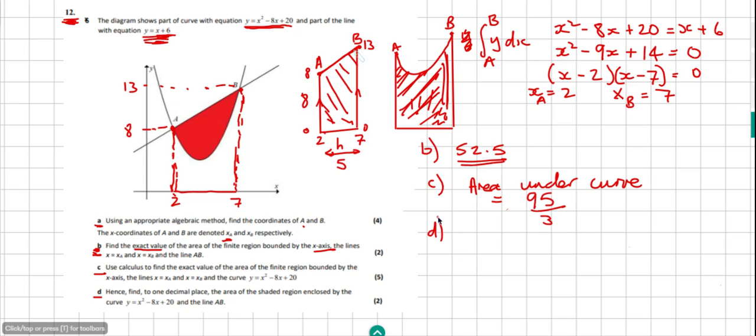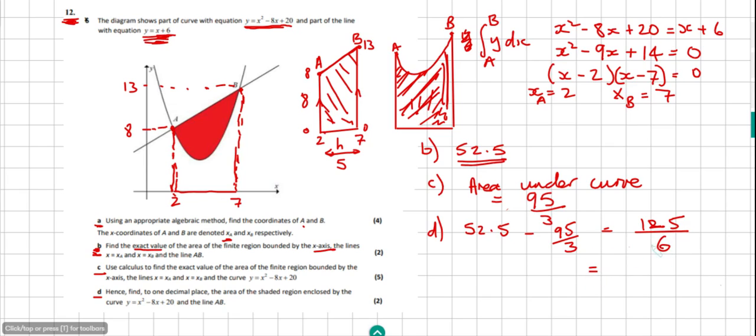So we've got the area under the trapezium, and then we're just going to subtract from it the area under the curve. So this is just 52.5 that we had before, minus the 95 over 3. So if I put that into my calculator like that, that will give me 125 over 6.